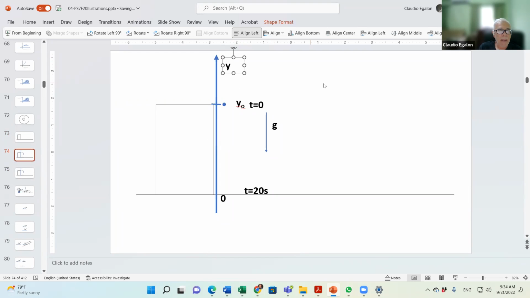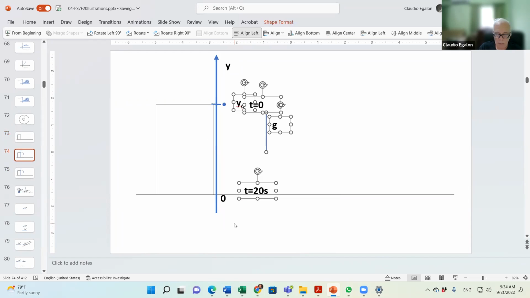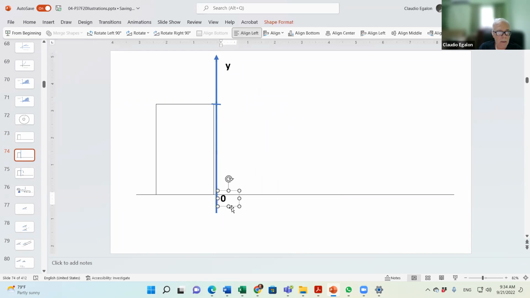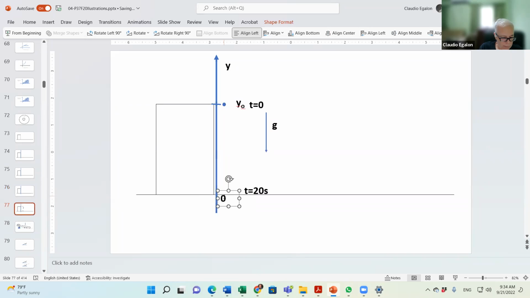I put the y-axis. I put the origin of my y-axis. Step by step.